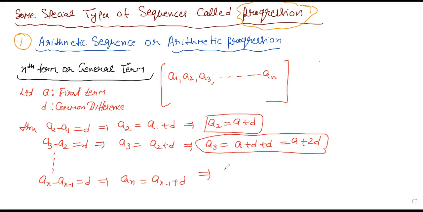So student, by this pattern we can create an. देखिए जब आपको a2 चाहिए तो d के साथ 1 की मल्टीप्लाई है, जब a3 चाहिए तो d के साथ 2 की मल्टीप्लाई है. इसका मतलब जो भी नंबर ऑफ टर्म्स चाहिए तो d के साथ उससे कम नंबर मल्टीप्लाई है. तो बाय द पैटर्न, बाय द सिमेट्री, वी कैन क्रिएट, दिस इज द nth term, a(n) equal to a plus (n minus 1)d. So this is the nth term of the given arithmetic progression. So remember this nth term, student.